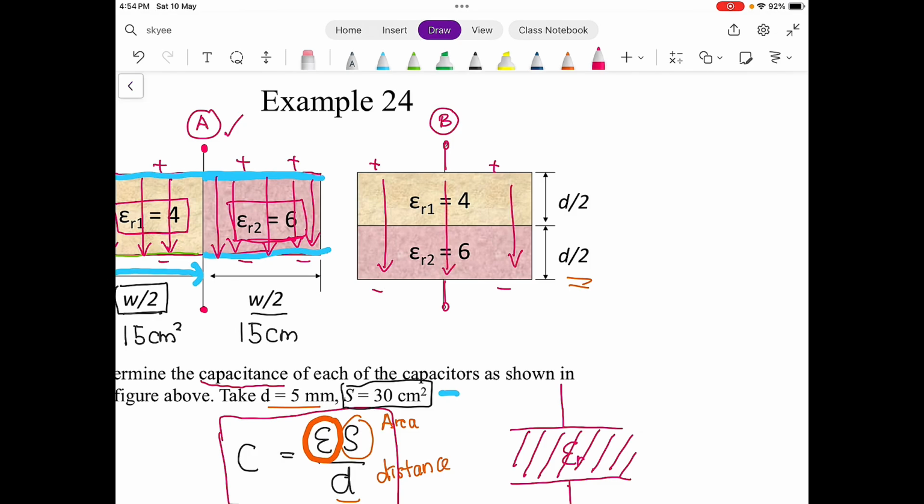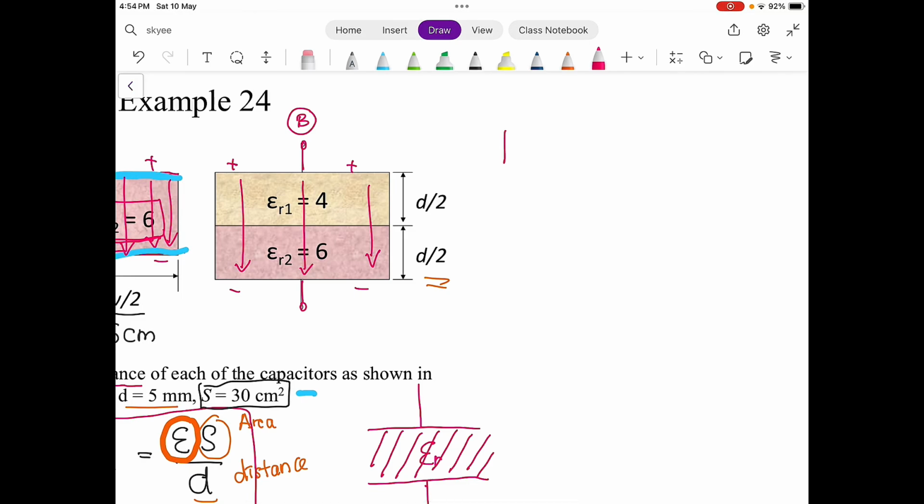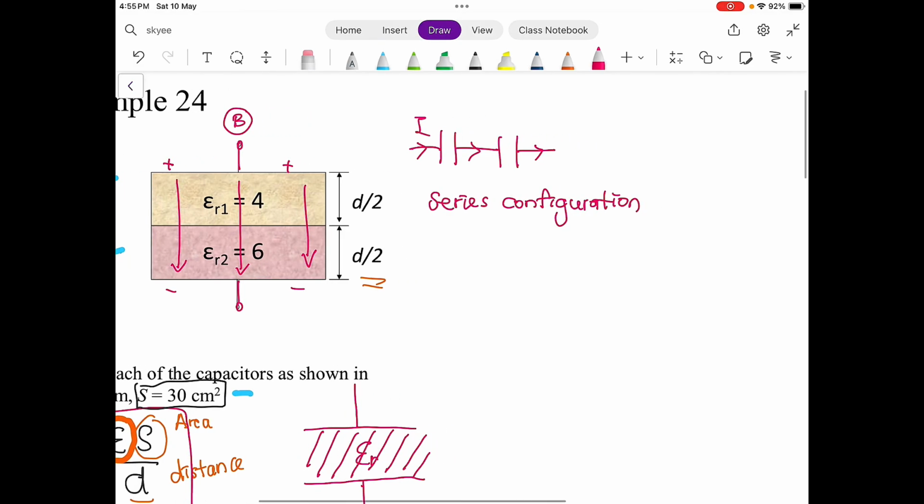There is no option for this electric field, it must penetrate two materials. This concept is the same as when you arrange capacitors in series. You can see that this current has no option, it must pass through both capacitors. So for this one, we call it a series configuration.